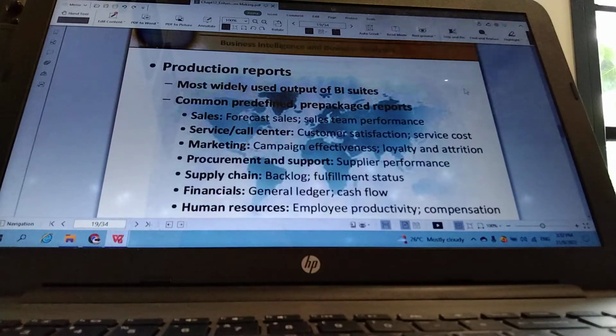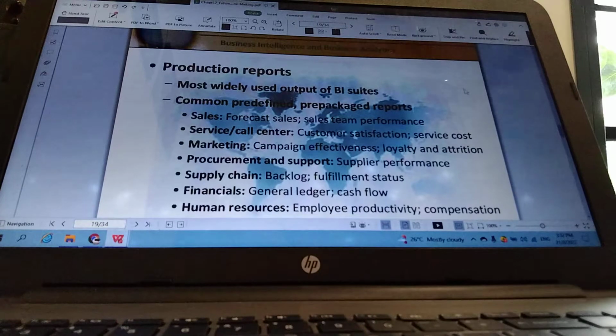Top purchase product for the month, top 5 product, so anything related to supplies. And definitely there will be many reports that can be generated related to this area.